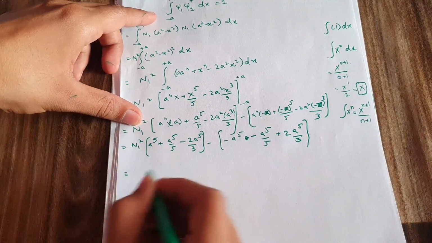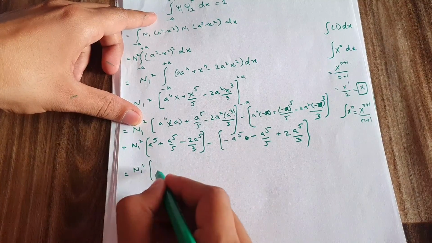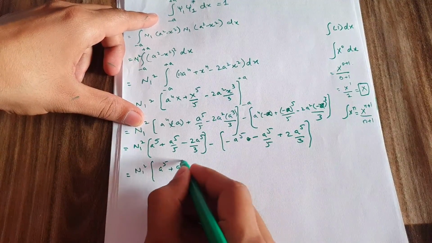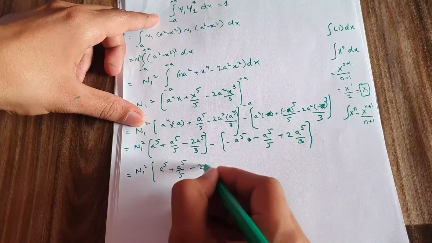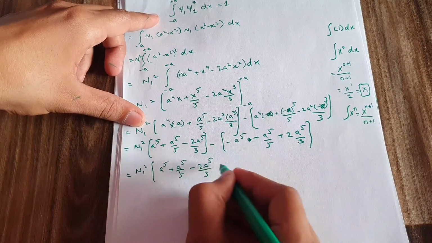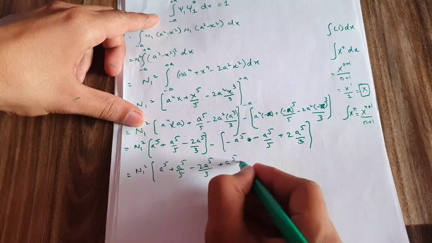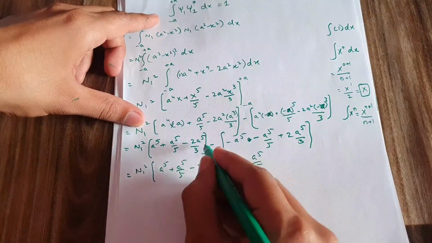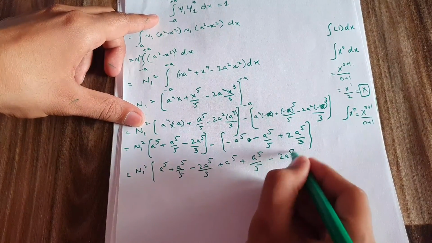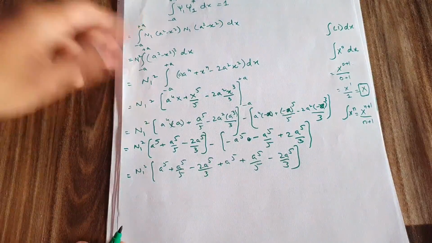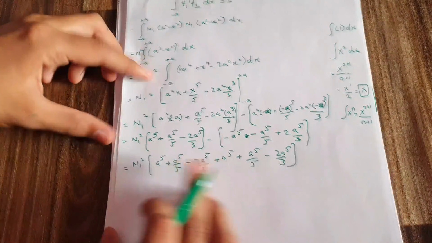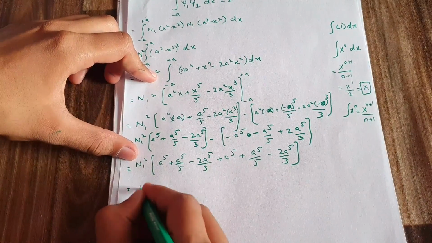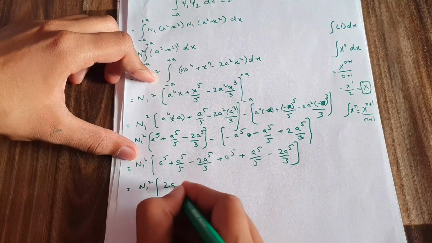Now on multiplying the minus sign, I get n1 square, a5 plus a5 divided by 5 minus 2a5 divided by 3, minus minus plus a5, minus minus plus a5 by 5, and minus plus minus 2a5 by 3. So a5 and a5 will become equal to 2a5.